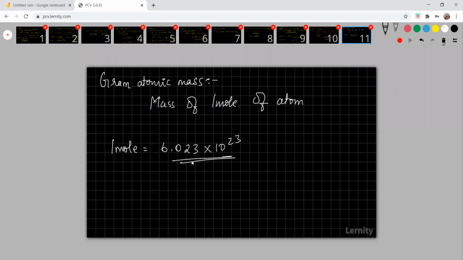Clear? Which is much greater. So we do not consider mole in our day-to-day life. You all understand what I'm trying to say? So gram atomic mass is nothing but the mass of 1 mole of atom. Understood? Now I'll give you a few questions.